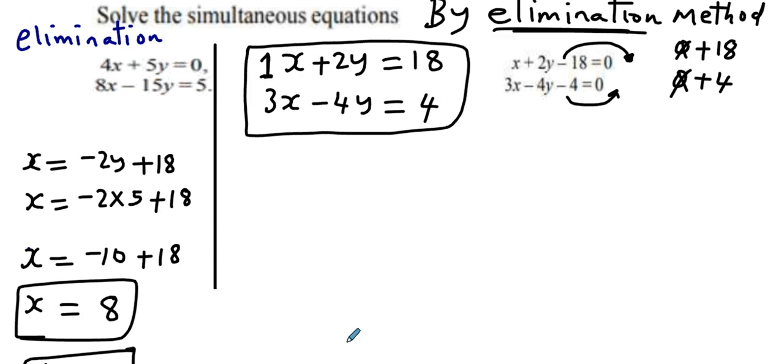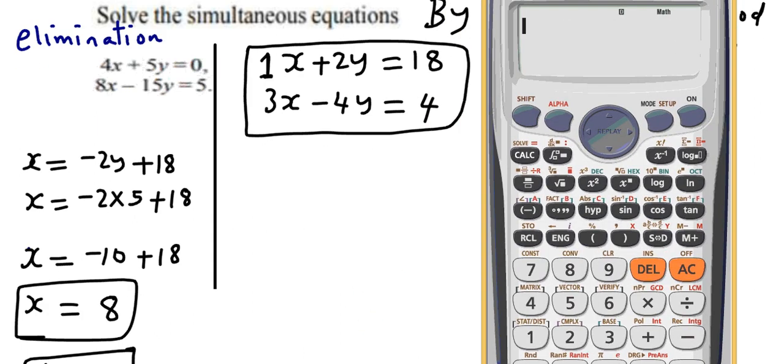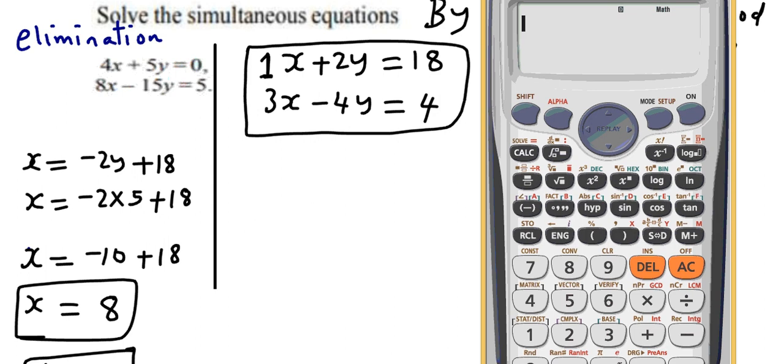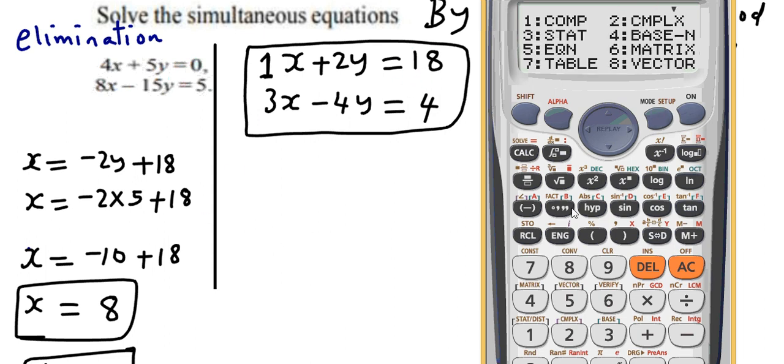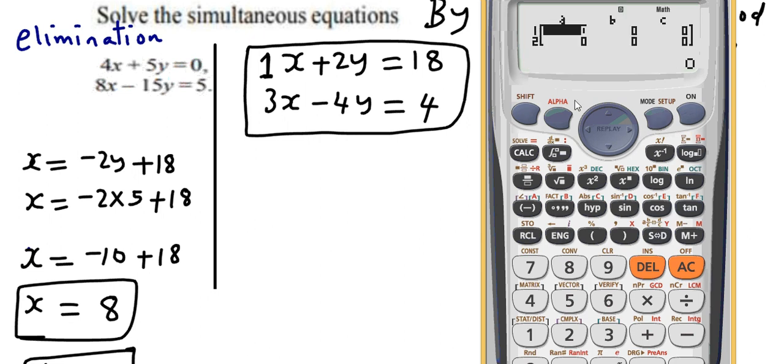But quickly, I want to use my calculator to verify if my answers are correct. So this is my calculator. Before using the calculator, make sure that the letters are matching. These letters are matching, even though you have answers on the right hand side. So now we are good to go. Mode, option 5, option 1.